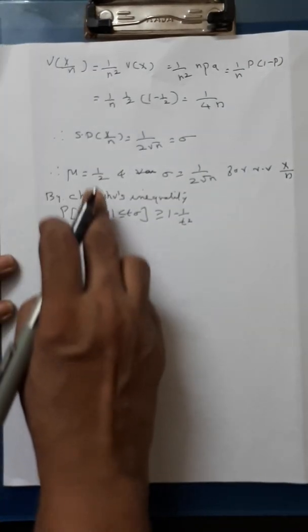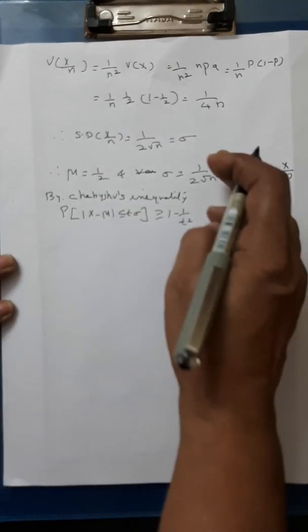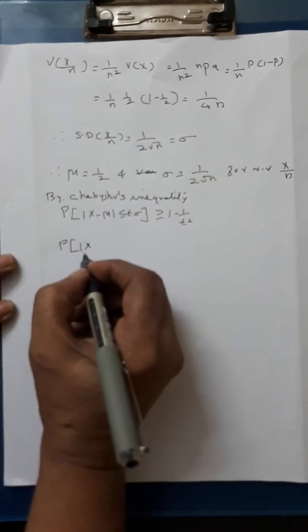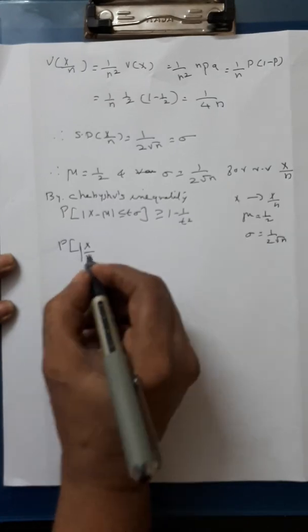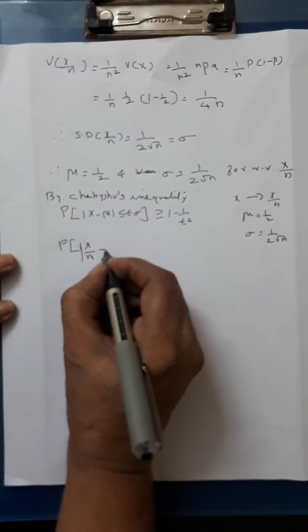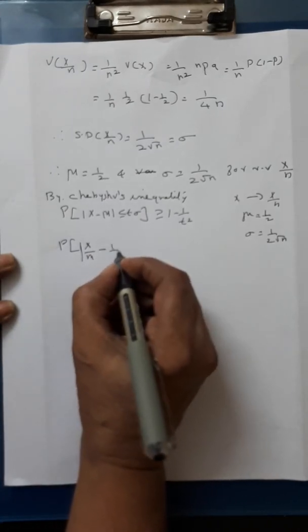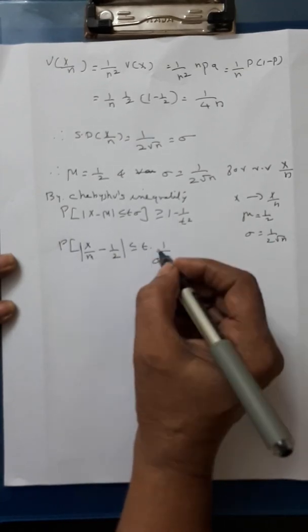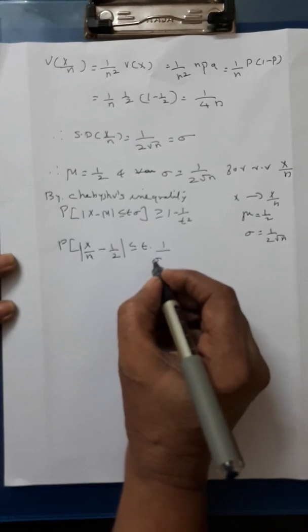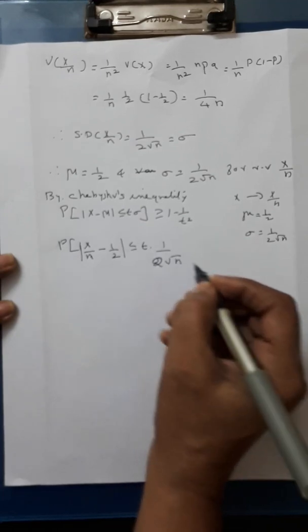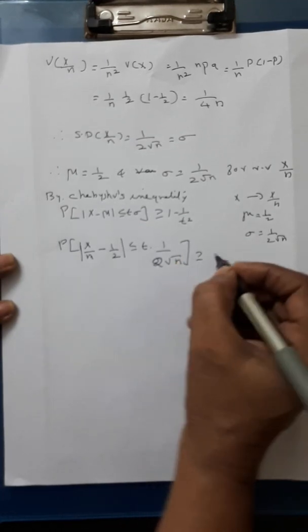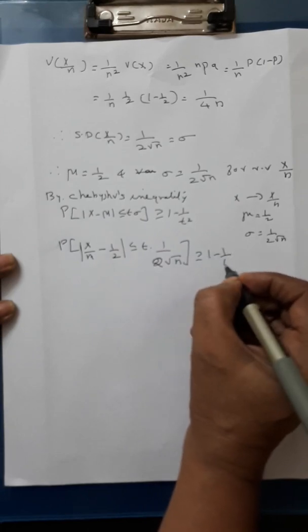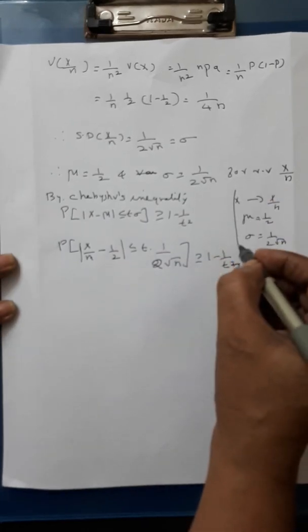Here mu is 1 by 2, sigma is 1 by 2 root n, and the random variable is x by n. So, P of mod x by n minus 1 by 2 less than or equal to t into 1 by 2 root n is greater than or equal to 1 minus 1 by t square. Let it be equation 1.